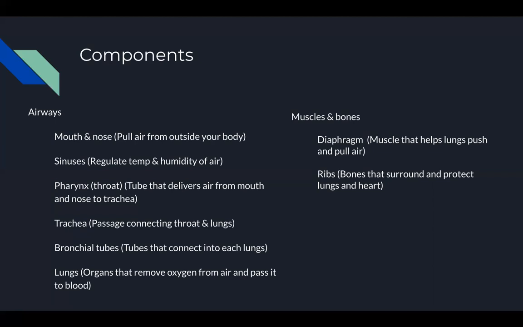The muscle and bone part of the respiratory system is your diaphragm, the big muscle that separates your thoracic and abdominal cavity and helps pull and push air in and out. And your ribs are the bones that surround and protect your lungs and heart, because without them, your lungs would be punctured very easily if you were to walk into something.